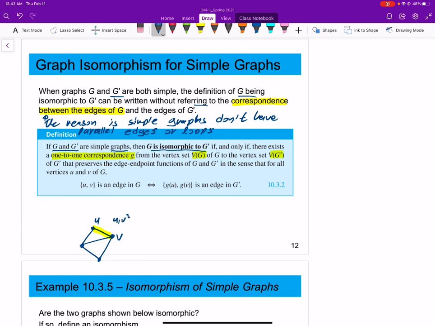Here we don't need labels for edges. Why? Because we can use labels of vertices because there are no multiple edges or loops. Alright, keep that in mind. Because of that reason, we only use vertex labels to denote edges. So this is GU, that is GV. So this is how the map works.